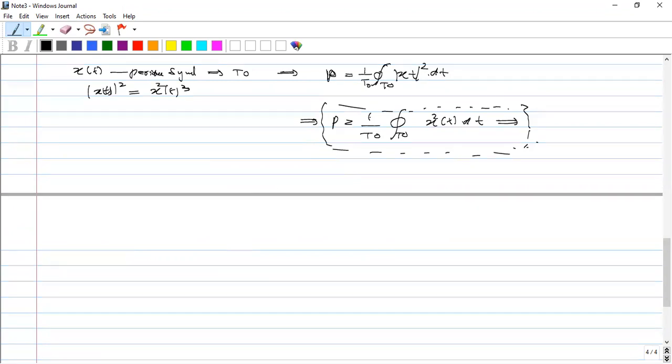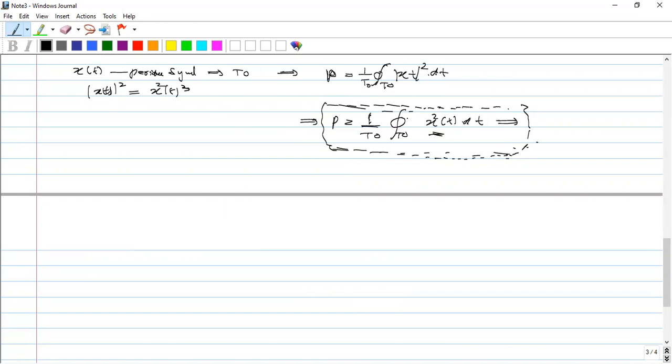So it is better to remember this identity: how to find the normalized power content of a periodic real signal.